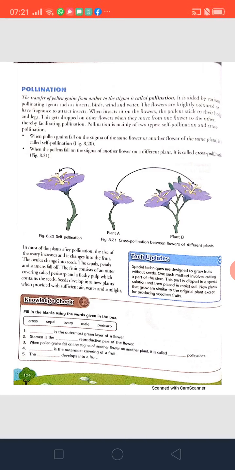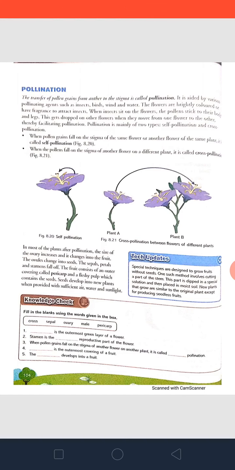In most plants, after pollination, what happens? The size of the ovary increases and it changes into fruit, and the ovules present in the ovary change into seeds. Now observe guava trees near your house, or if a guava tree is in your house, you can observe this process very carefully.